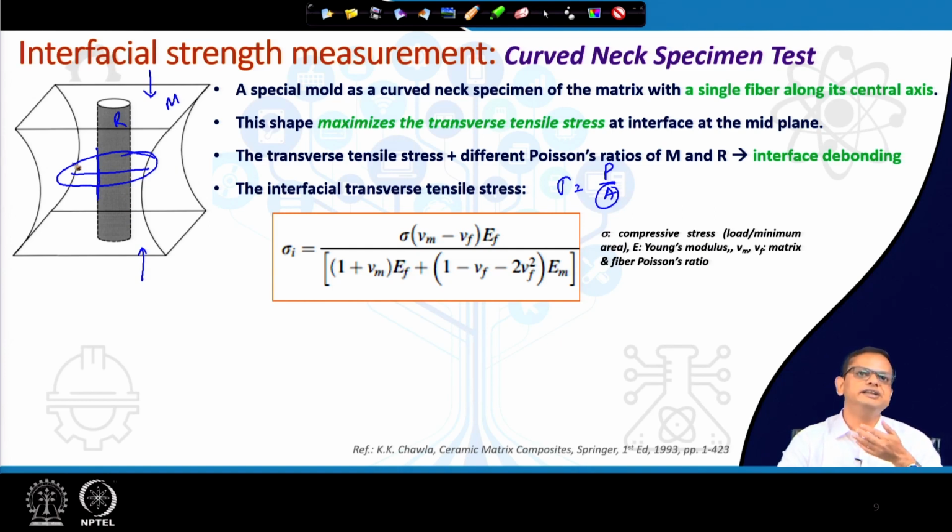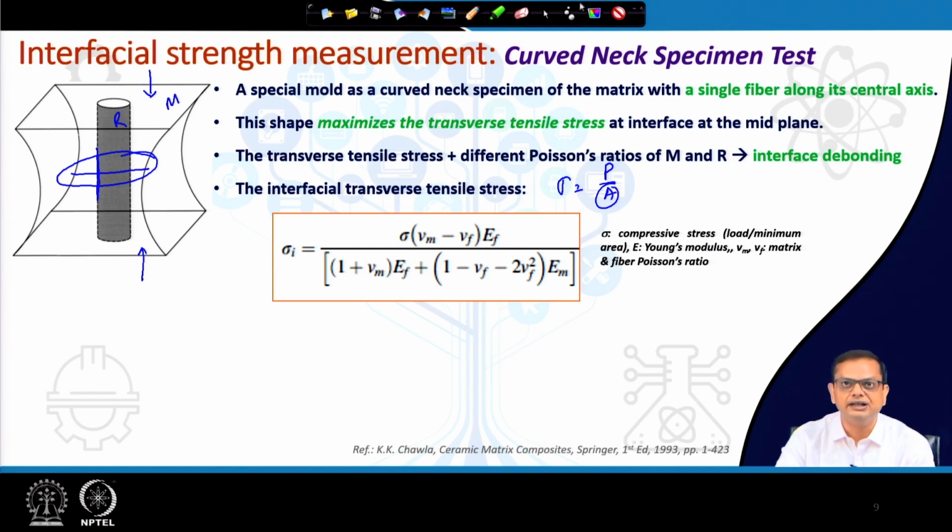For example, we can think about ultrasound testing or ultrasound monitoring, by which we will be able to notice any kind of delamination taking place even if we are not able to see it. So, now this test is possible not only for transparent matrix, but for opaque matrix also. Another very important factor is that we also have to take care that this fiber is centrally located. So, that has to be taken care of.